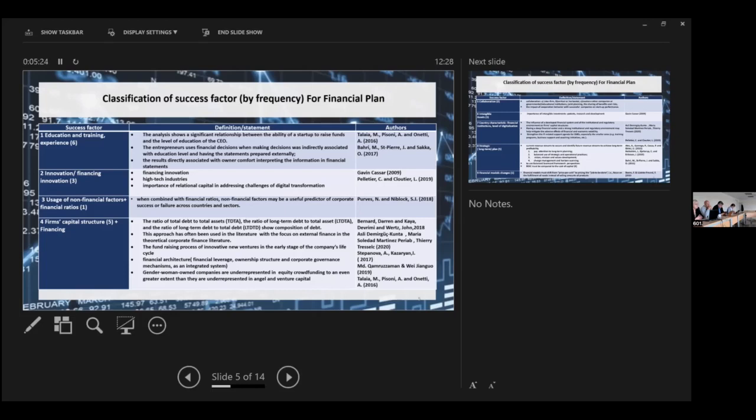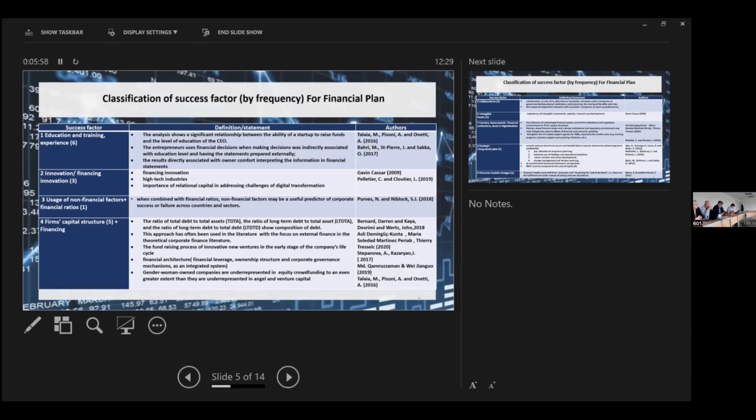So here you see the list of indicators for calculating this capital structure dimension for startups, and it is possible to calculate it not only for startups but for companies which are ongoing.